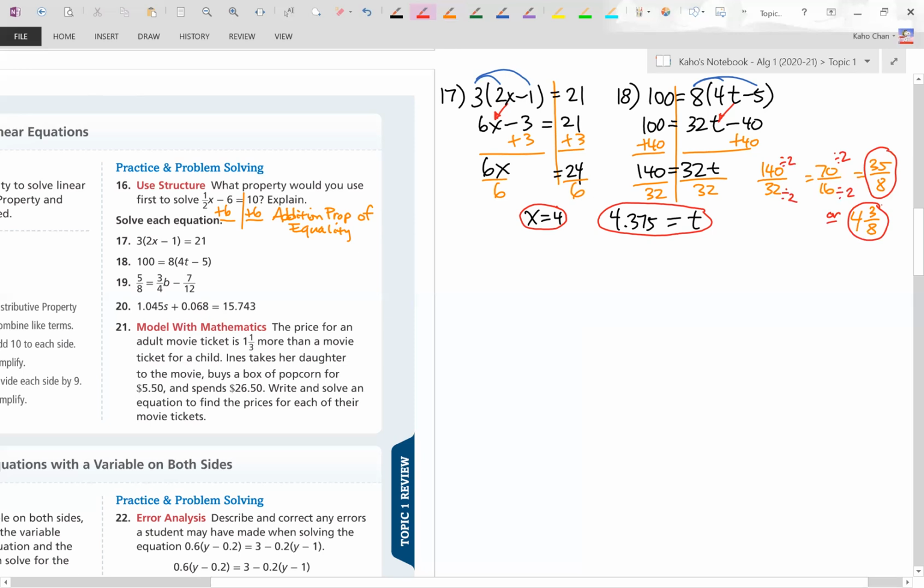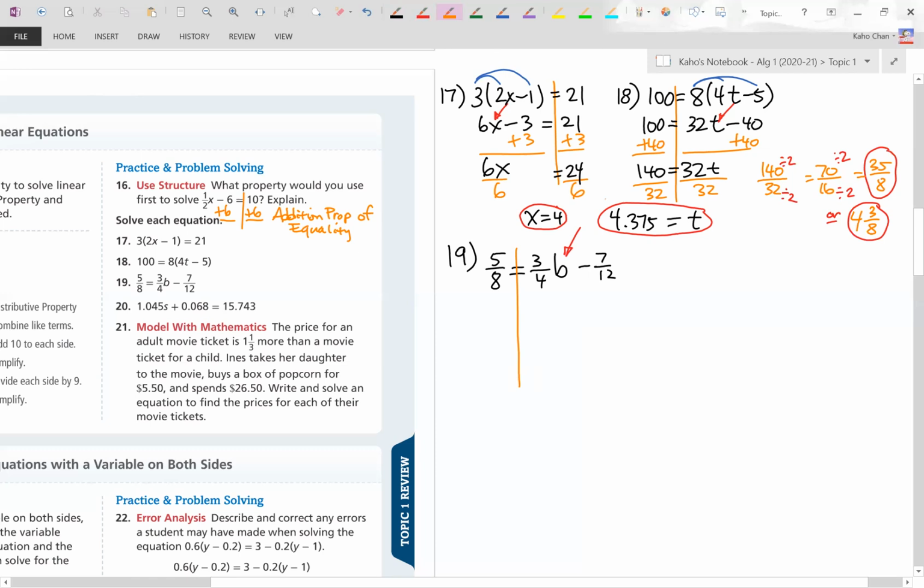Let's do one more for this section. Let's do number 19. Okay, the variable is b. We have fractions everywhere. There's a cool trick to get rid of all the fractions in one shot in an equation.